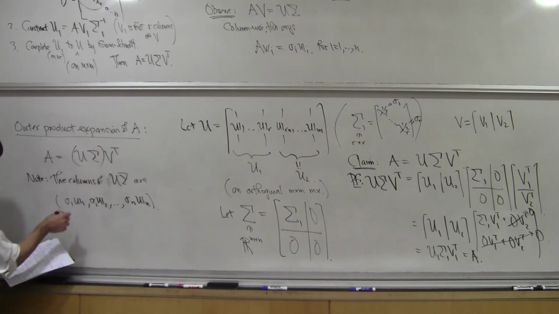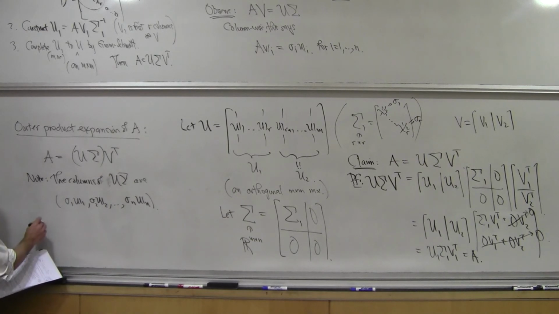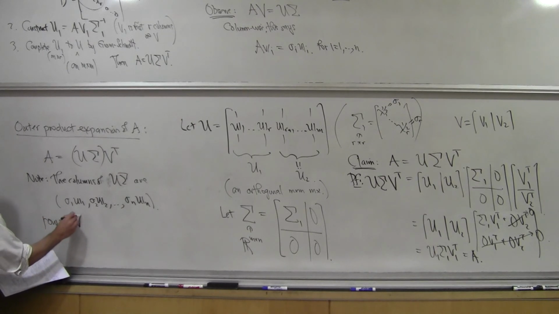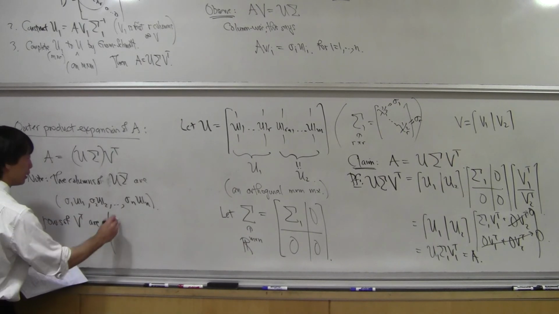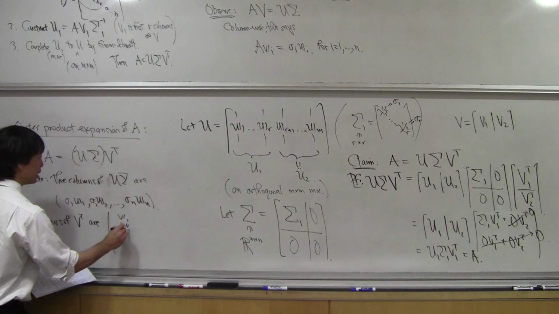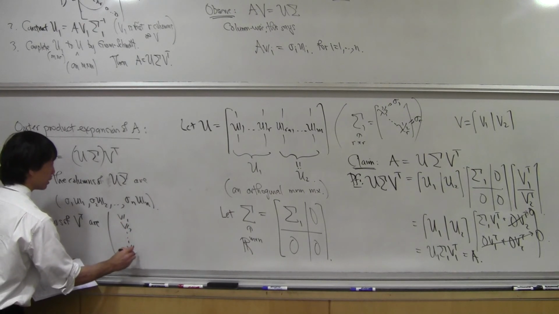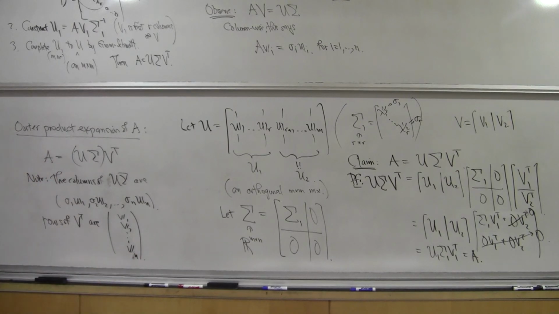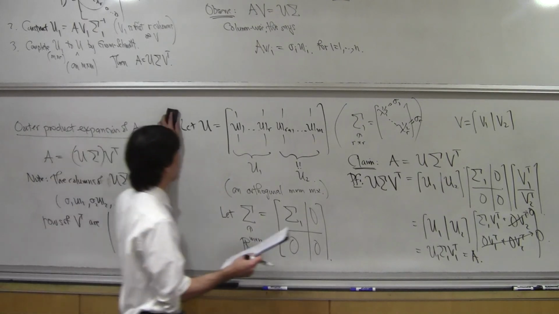And of course the rows of V transpose are V1, V2, where the V's are the columns of V.